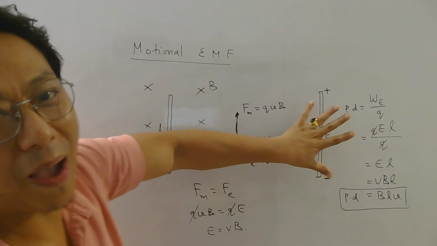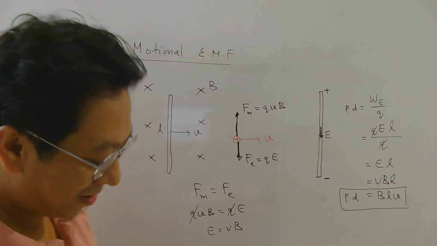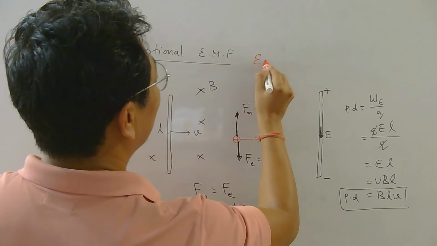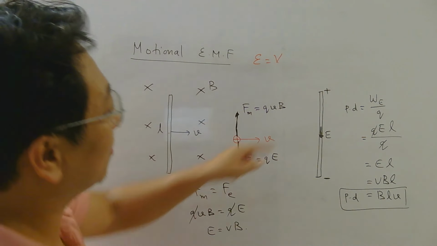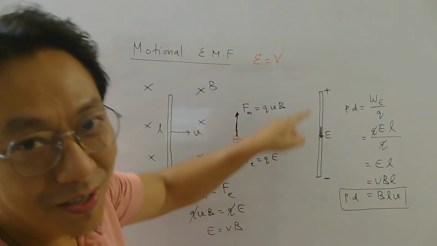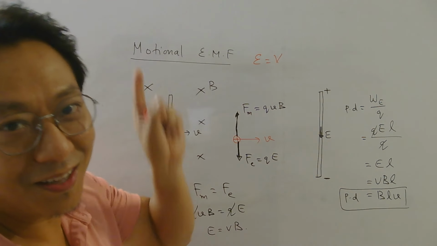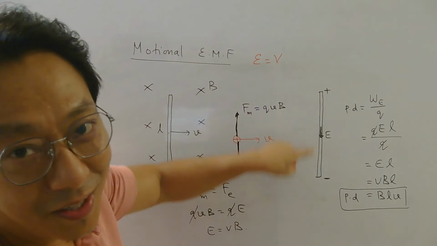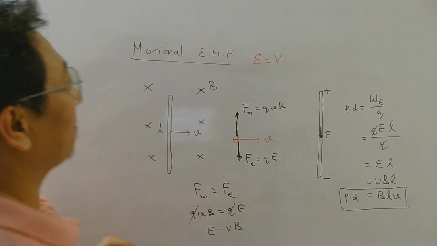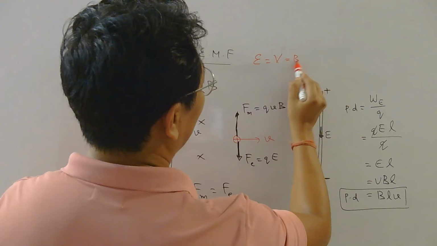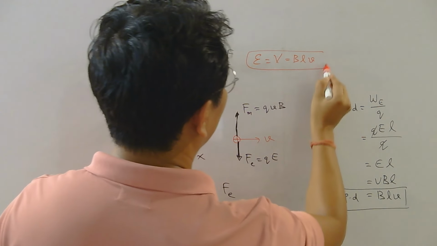Therefore, it is like a battery in open circuit. And if you remember, in open circuit, I told you EMF is the same as the potential difference between the terminals of the cell. Here the terminals are the ends of the rod, and that is BLV, right?